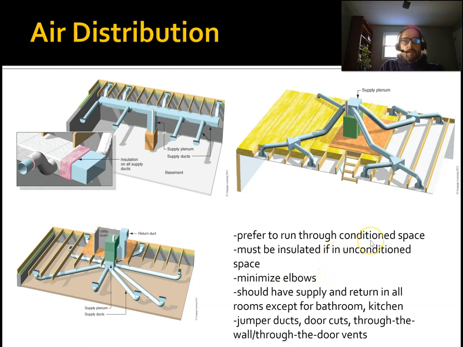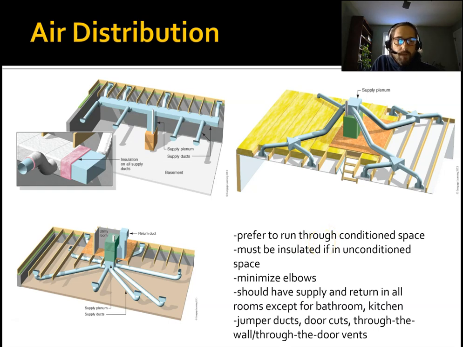There are a couple of things to know about air distribution. Number one, if you can help it, you want to run ducts through conditioned space. If you run them through conditioned space, they don't have to be insulated, and you just lose less heat, right?